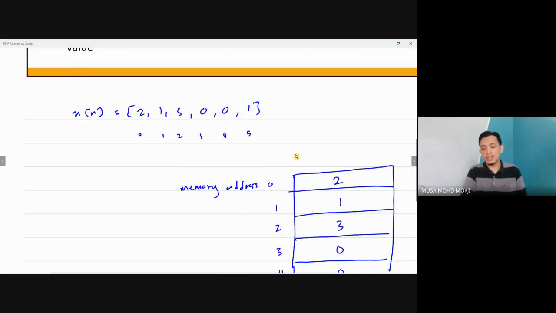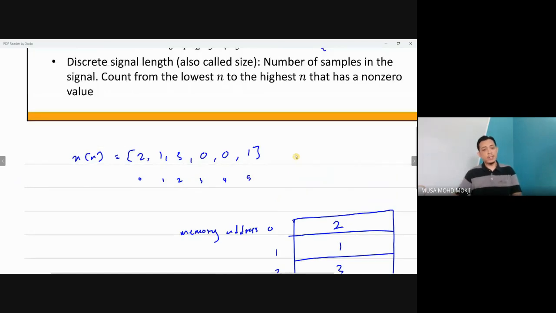Of course, we now know that our data is there. But when we use MATLAB, it is higher level programming. It's not very low level programming.